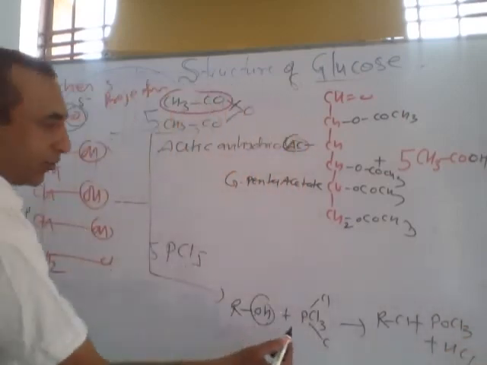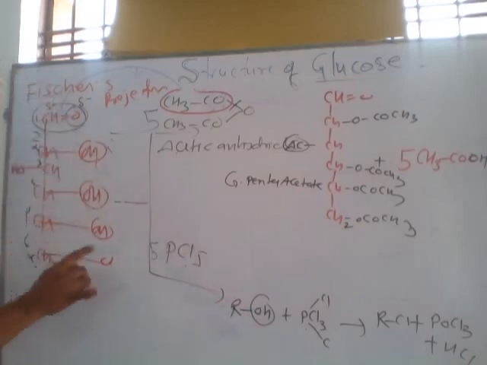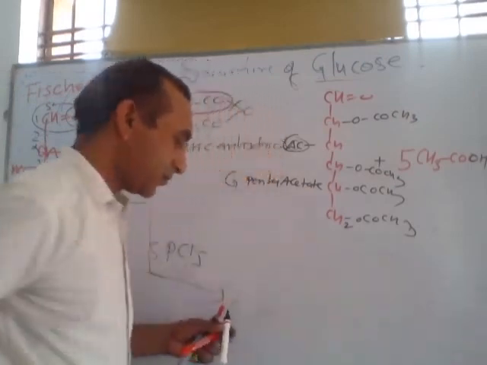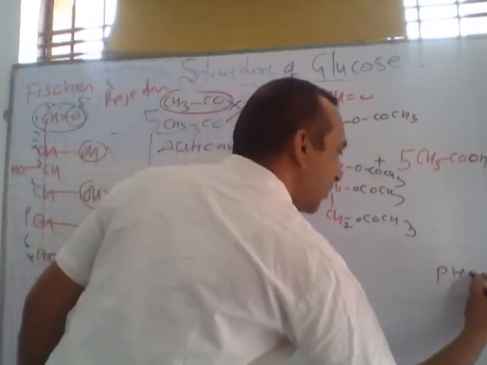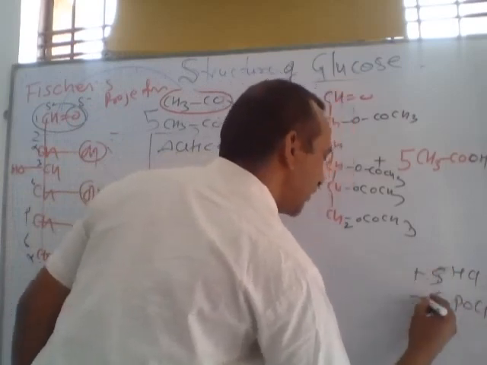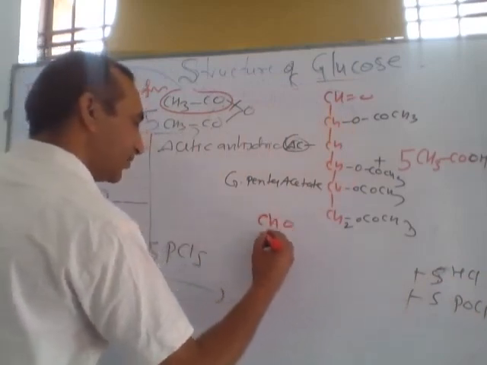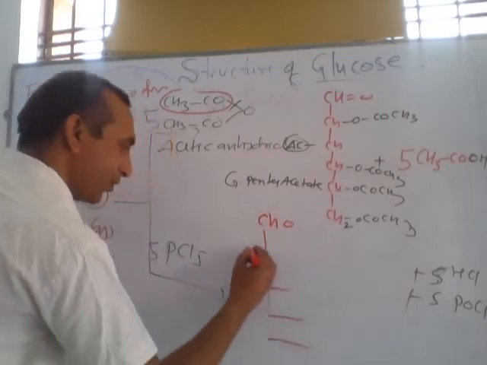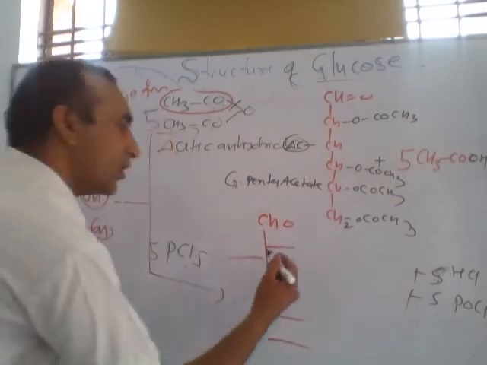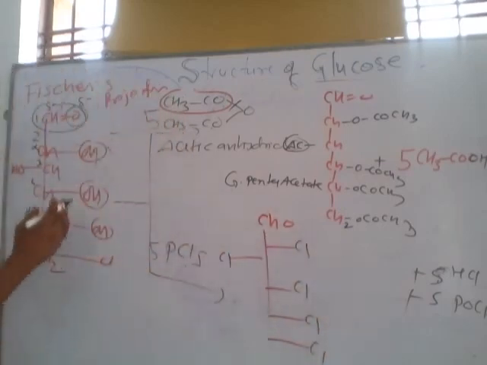So 1 PCl5 being used indicates 1 OH group, but in glucose there are 5, so we use 5 PCl5 and after the reaction 5 HCl and 5 POCl3 will form, and instead of all these OH, 1, 2, 3, 4, 5, Cl is joined, meaning 5 Cl groups replace these 5 OH.